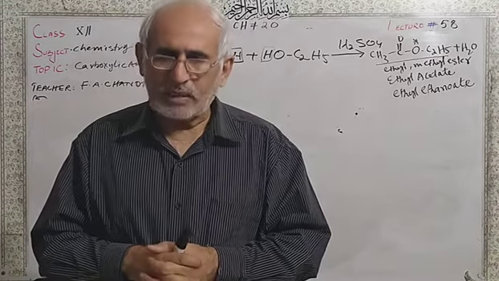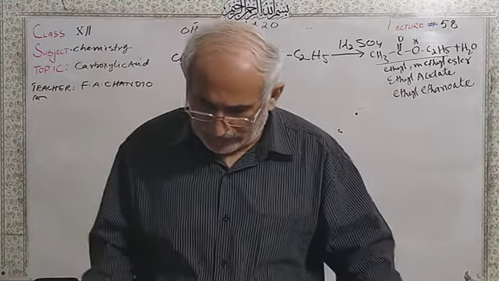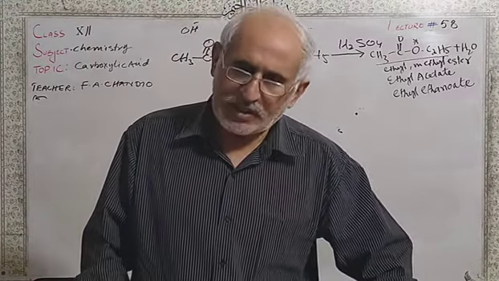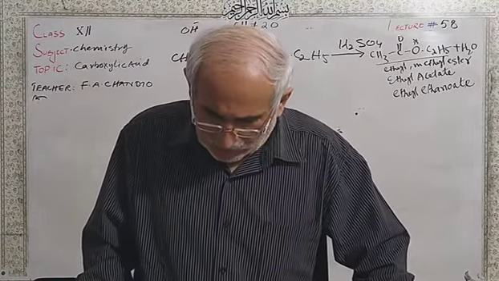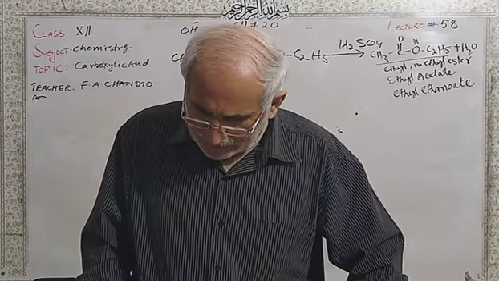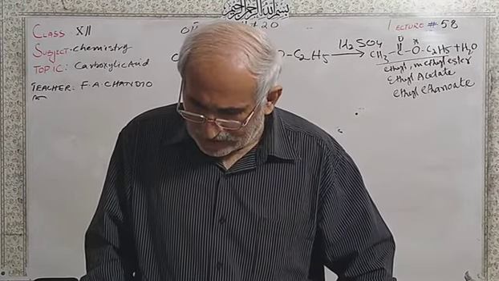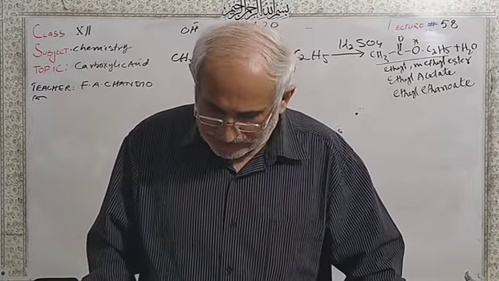Acyl chlorides are the most reactive class of organic compound. So there are 4 types of carboxylic acid derivatives: esters, amides, acid halides, and acid anhydrides.